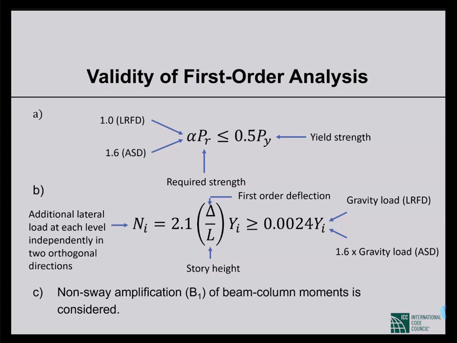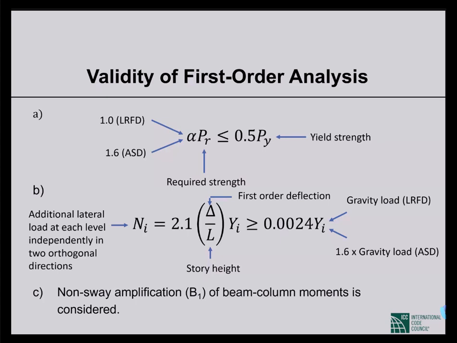That is, if the required strength alpha PR, where alpha for LRFD is just 1, and for ASD we increase the required strength, so 1.6. So if alpha PR, the required strength, is less than 50% of the yield strength, in that case we can go for first order analysis.